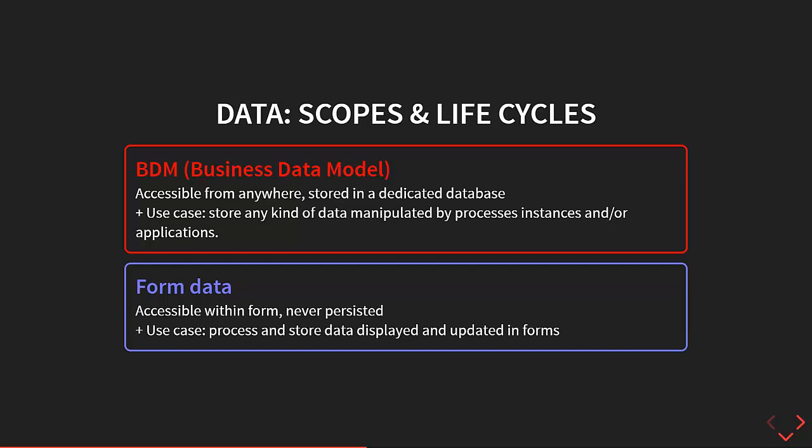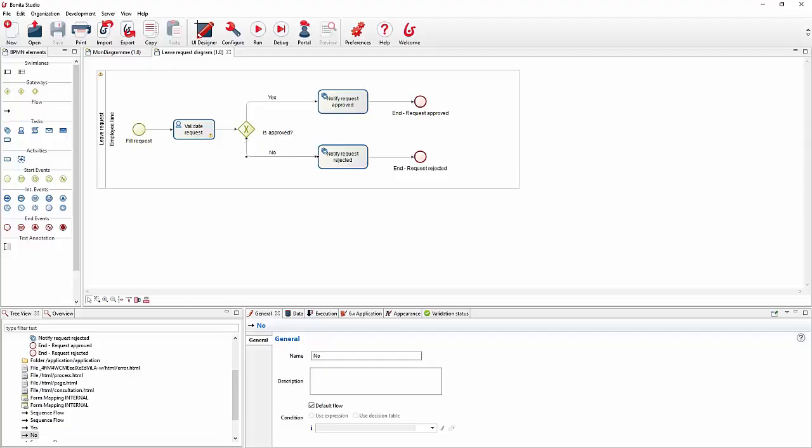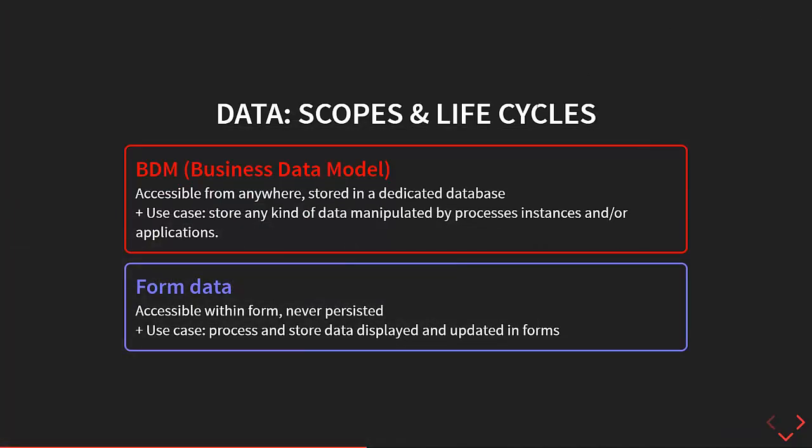It's basically a definition, a set of objects with some attributes. For example, in our process we are focusing here on leave request. So we'll have a leave request object that will probably have some information such as the start date of the leave request, the end date or the number of days maybe, and all this kind of business information related to our process.